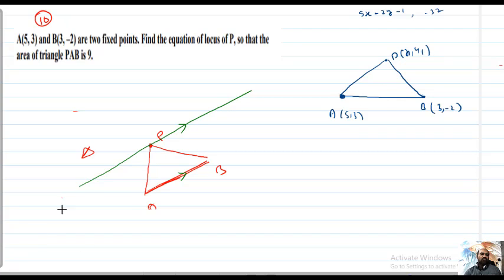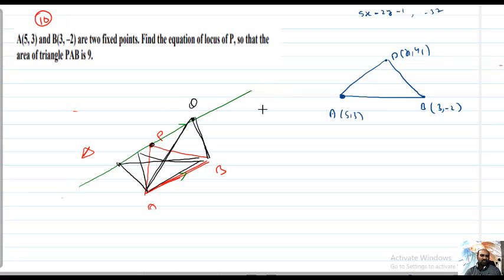Take one more point Q on that line other than P and join AQ and QB. What is the area of triangle AQB? That is also 9 only. Why? Triangles with the same base between the same parallel lines have equal areas. You take any point on that line, all will make an area of 9 with the line segment AB. So the locus of P is nothing but a straight line. Locus, I am not saying locus equation, locus is nothing but a straight line.